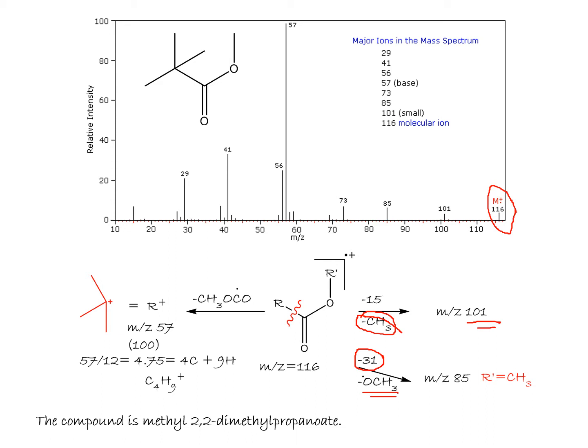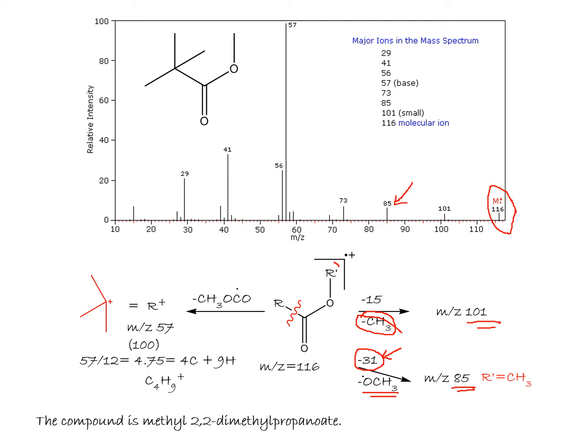Recall the table from the previous lecture. We have a table indicating what it could be. So in the table, minus 31 means that you have an OCH3 group, giving a peak at 85. This is very clear.